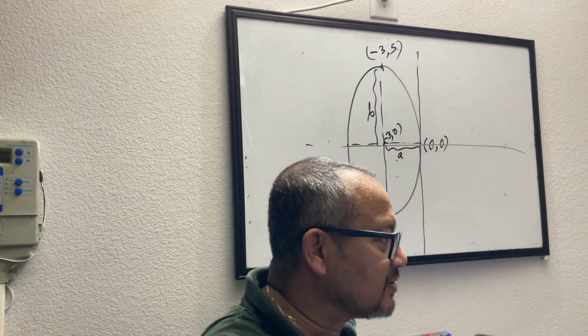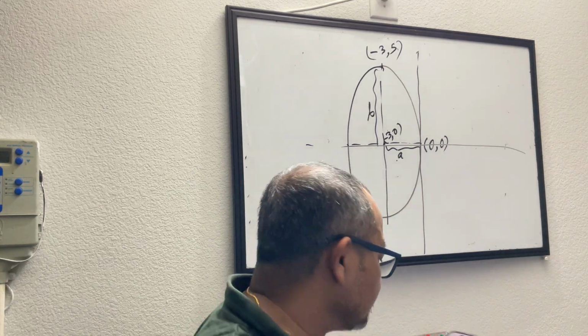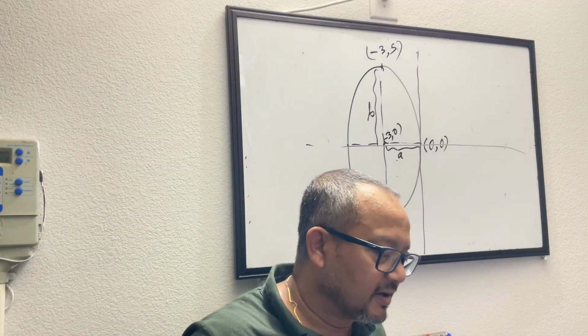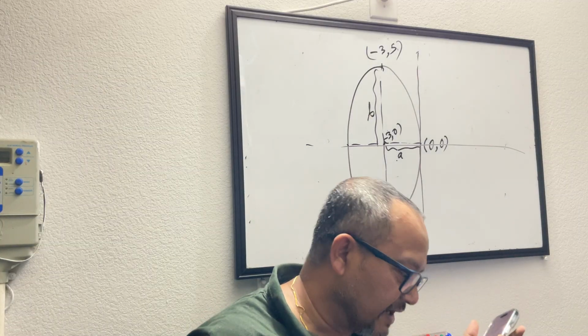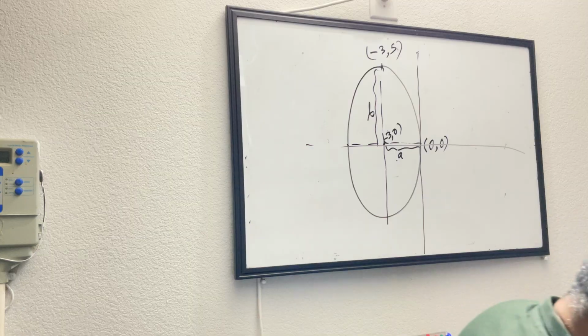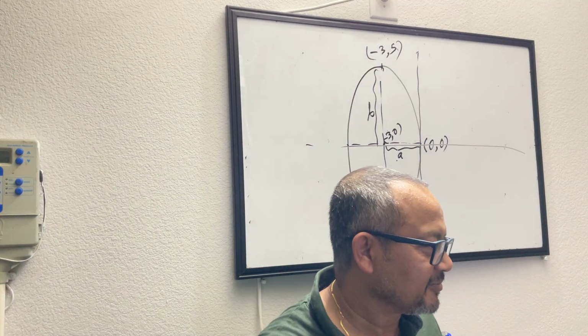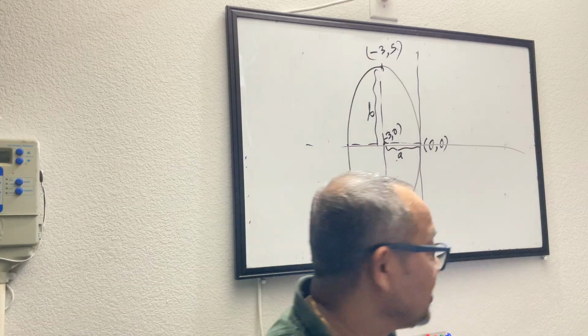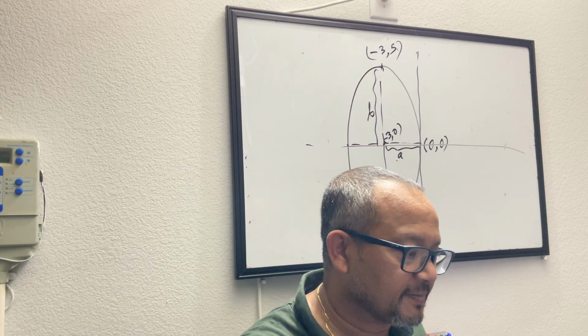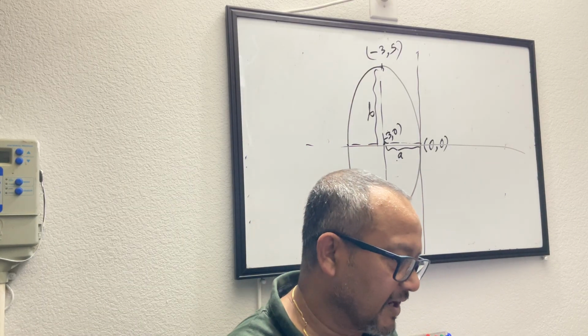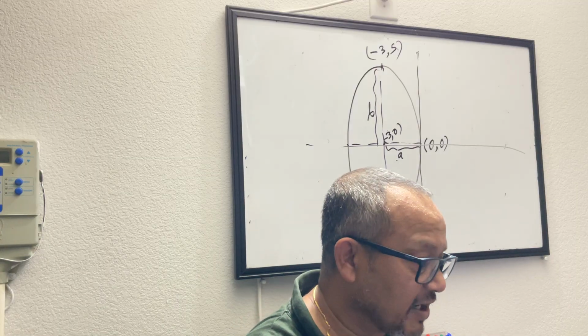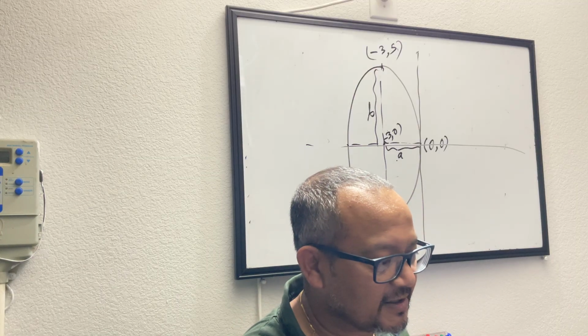You have been asked to find the coordinates of the two foci of this ellipse, and I'll let you guys struggle with this. Does that sound like a plan? What did you say we are finding? The coordinates of the two foci, the focus points.